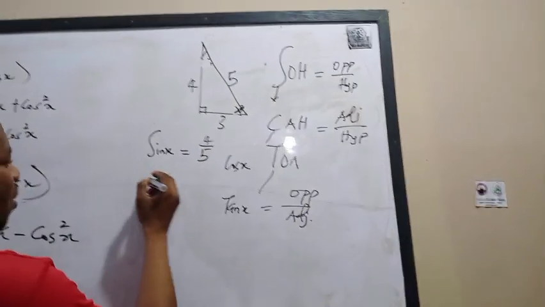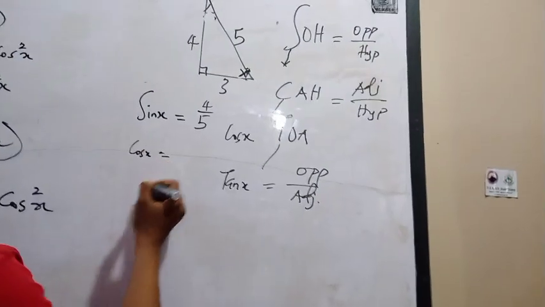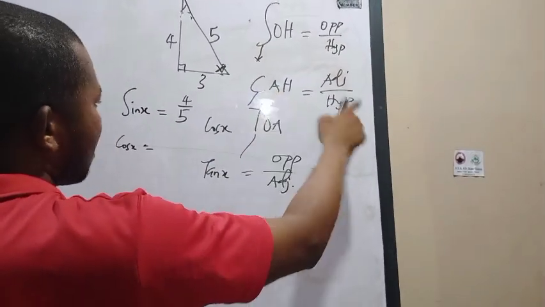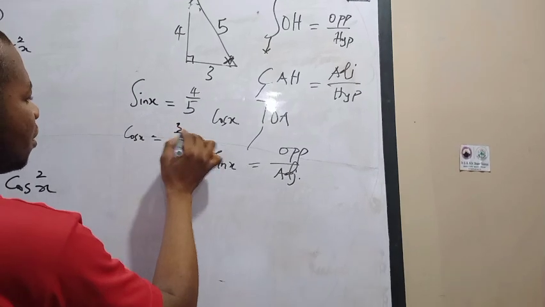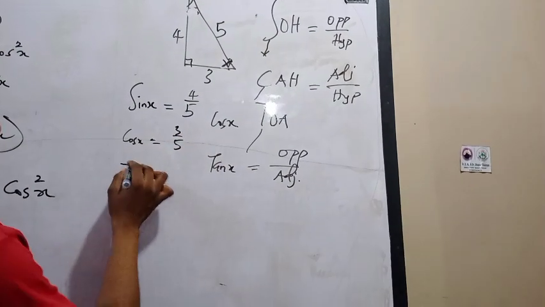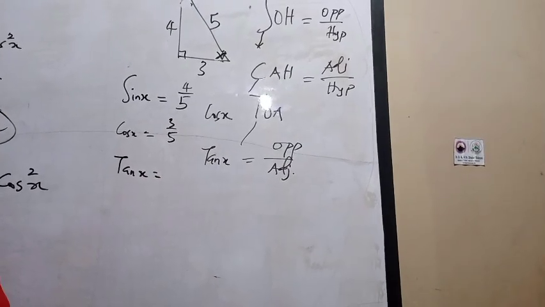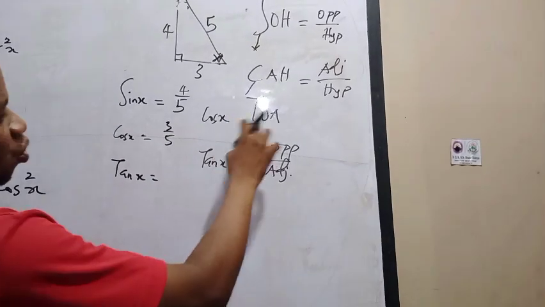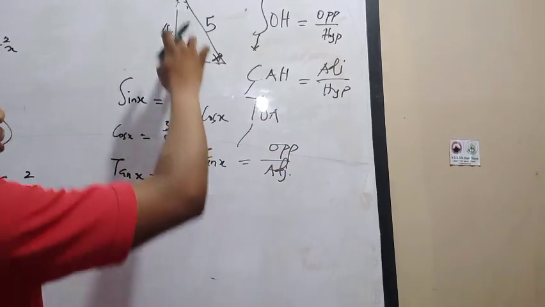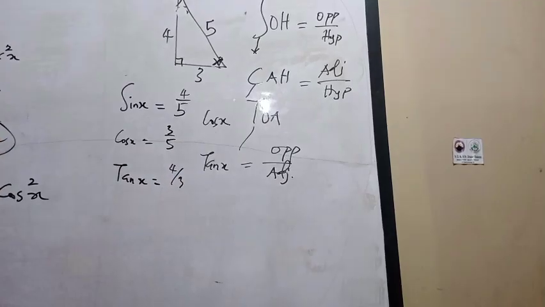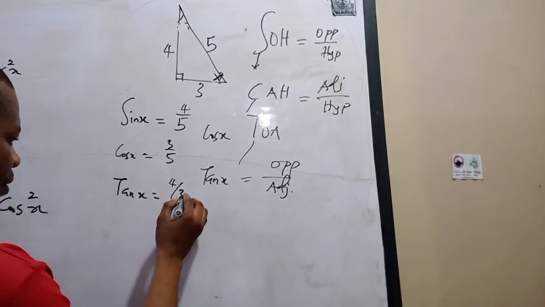So cos x is adjacent over hypotenuse, which is 3 over 5. Then tan x is opposite over adjacent, that is 4 over 3.